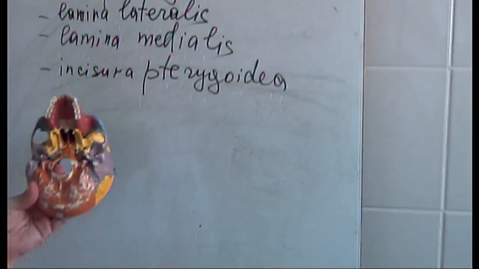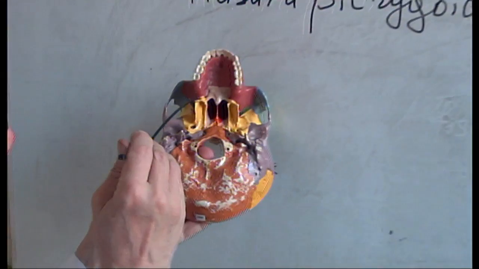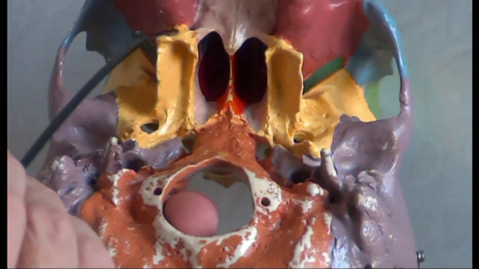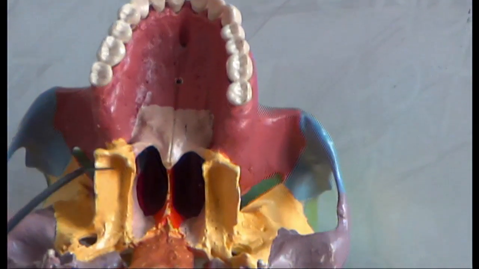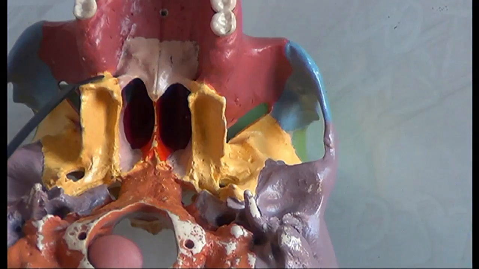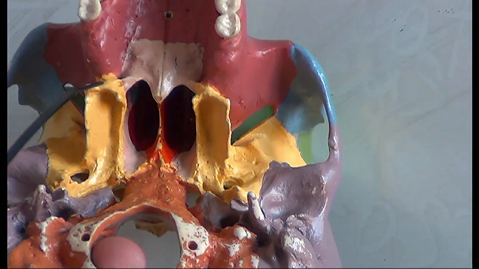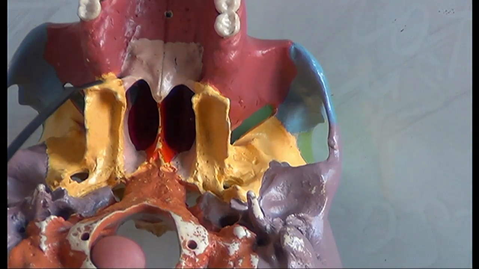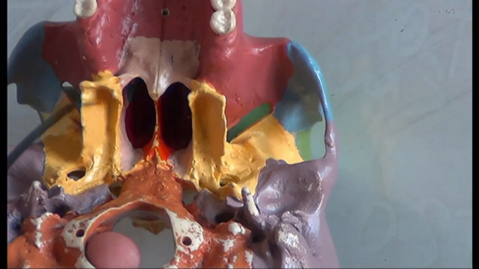It's a question. Why do we not find incisura pterygoidea on the whole skull? Because inside of it is placed a special process, so-called processus pyramidalis ossis palatini.